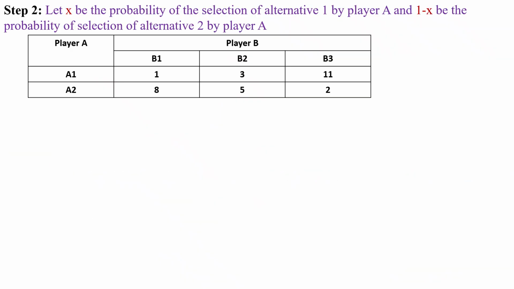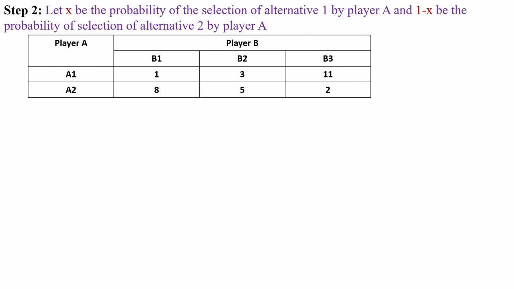Next step: let x be the probability of selection of alternative 1 by player A, and 1 minus x be the probability of selection of alternative 2 by player A. So here player A has 2 alternatives.